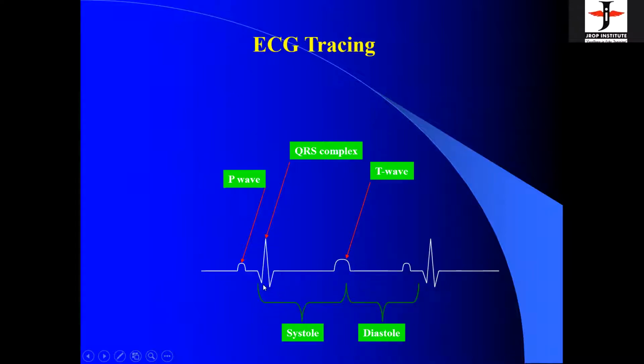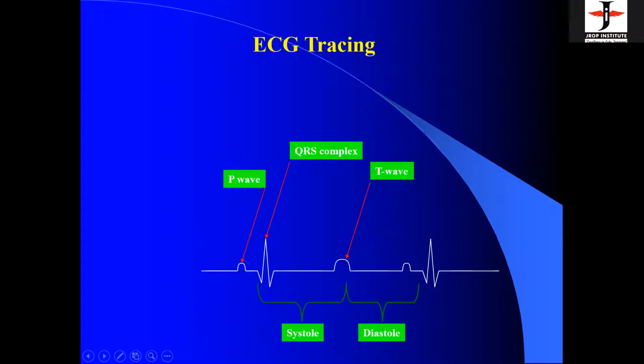The interval from the QRS complex to the T wave is known as systole, and the interval from the T wave to the onset of the next QRS is known as diastole. P waves indicate atrial contractility. So this is very simple to know. I hope it is clear now.